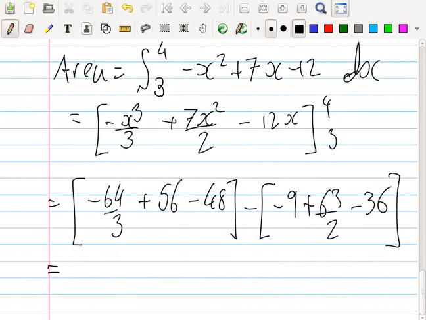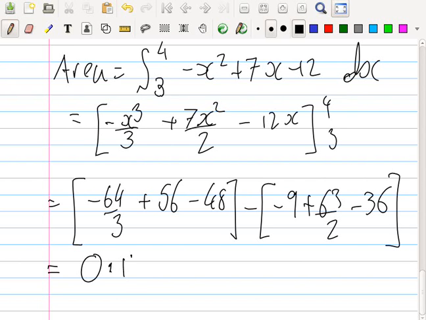And it should be positive, of course, because it's area. Yeah, 1/6.